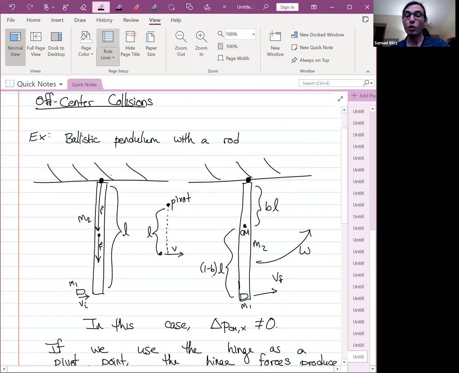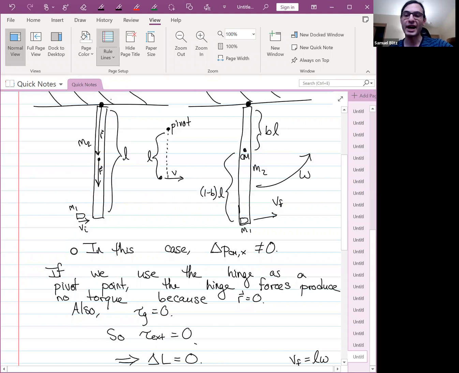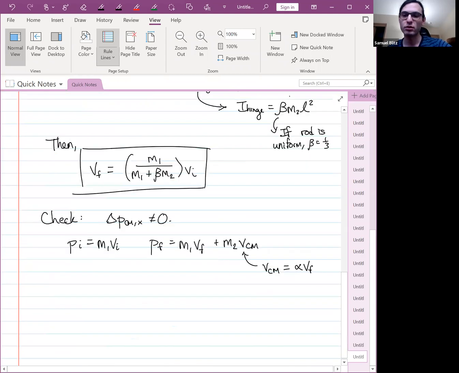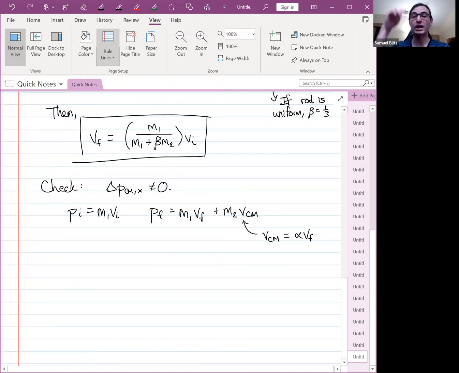So hopefully you guys can follow why, if the center of mass is halfway down the rod, then the center of mass of the rod would be swinging at precisely half the rate that the bottom of the rod would be swinging at. So in this case, the center of mass velocity is just B times the speed at the bottom of the rod, which is VF.